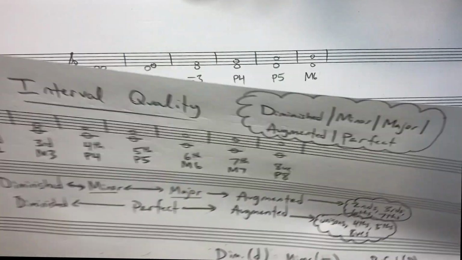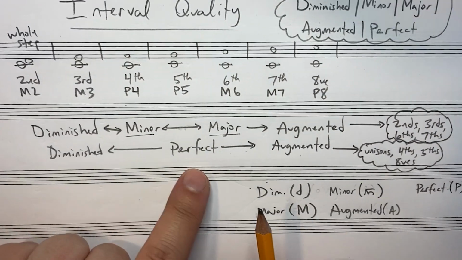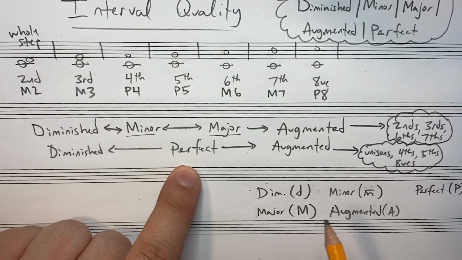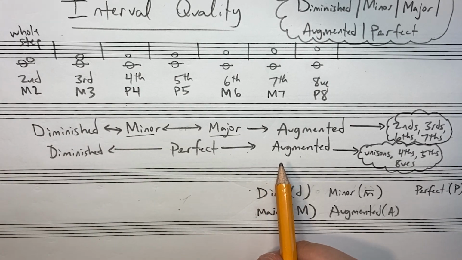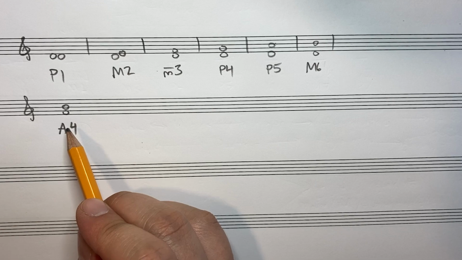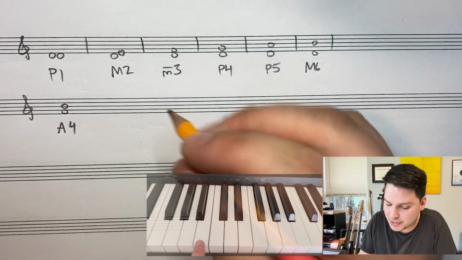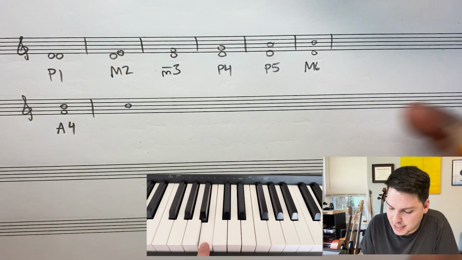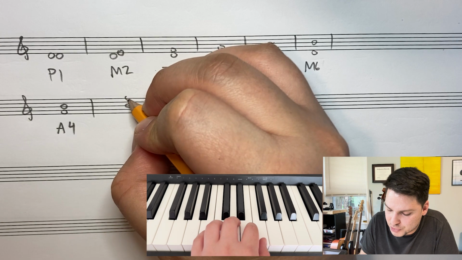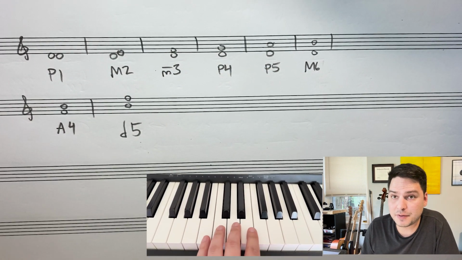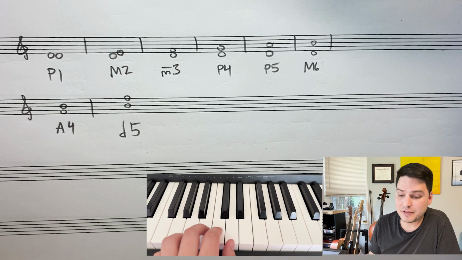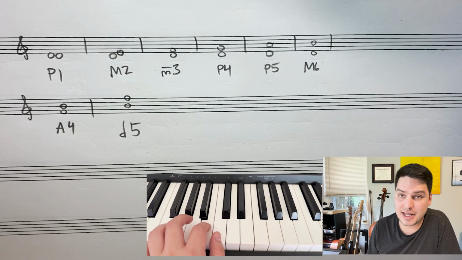Now, if we go back to our qualities, if we can have a perfect interval like a perfect fourth, then the only path once you expand beyond that would be augmented, which is exactly what we have in the case of F to B. If you started on B instead and you tried to build a fifth, which would be 2 lines away, this would actually be a diminished fifth. And the reason is because a perfect fifth must be 7 semitones away.